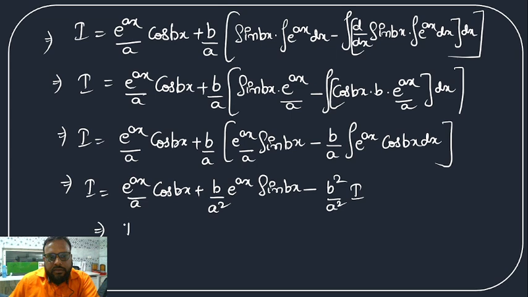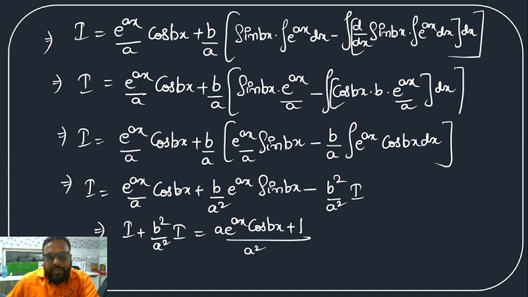So this becomes I plus b square by a square I is equal to, taking a square as the LCM in the remaining two terms, a into e to the power of ax cos bx plus b into e to the power of ax sin bx.